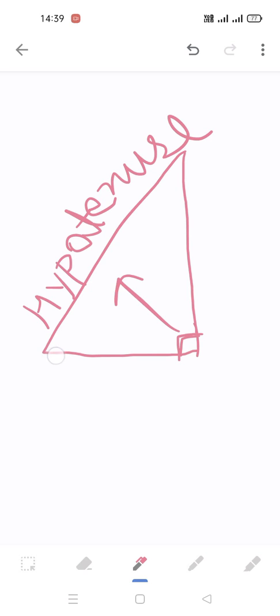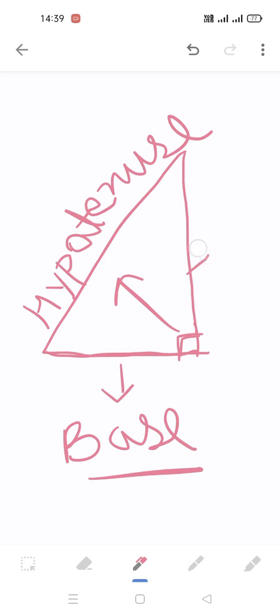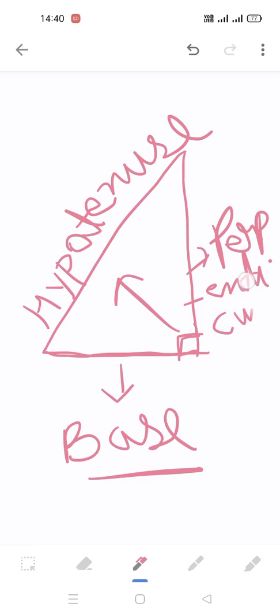Next, this side is your base, and this side will be the perpendicular. So a right angle triangle contains three things: hypotenuse, perpendicular, and base.